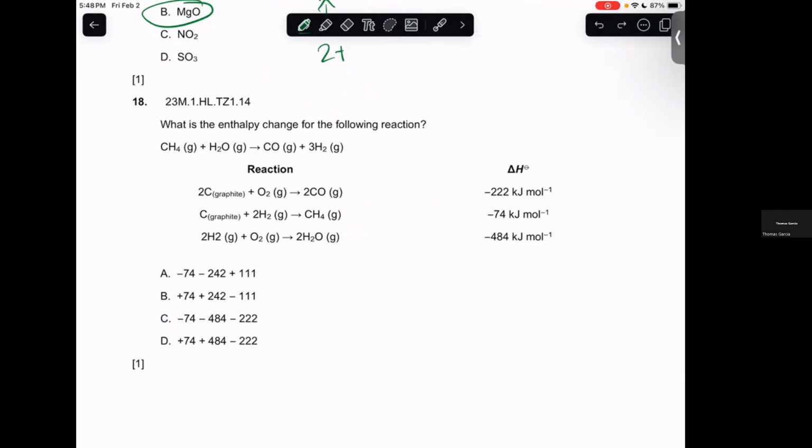First off, with this first one, identify CO. It's on the correct side, so I don't have to make many changes to this. But the one thing I noticed is that we have 2 carbon monoxides, but we only have 1 carbon monoxide here. So I'm going to just throw it out that we're going to have to divide this whole thing by 2, because whatever I do to the reaction, I'm going to also do to the enthalpy change. If I have half the reaction, I have half the enthalpy change.